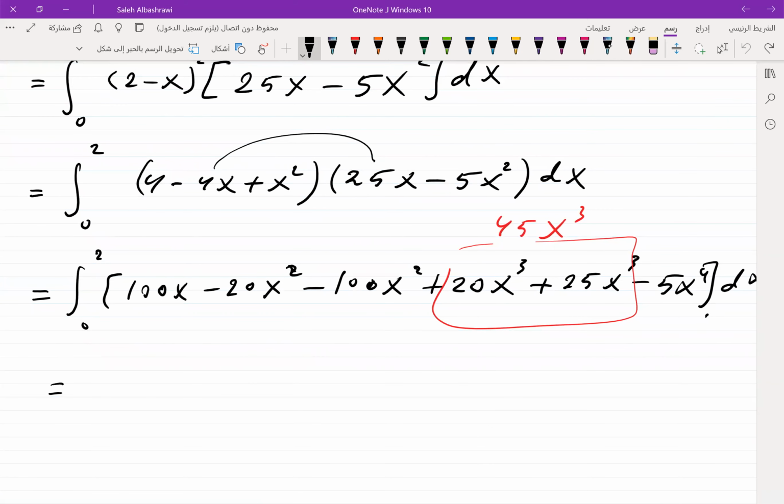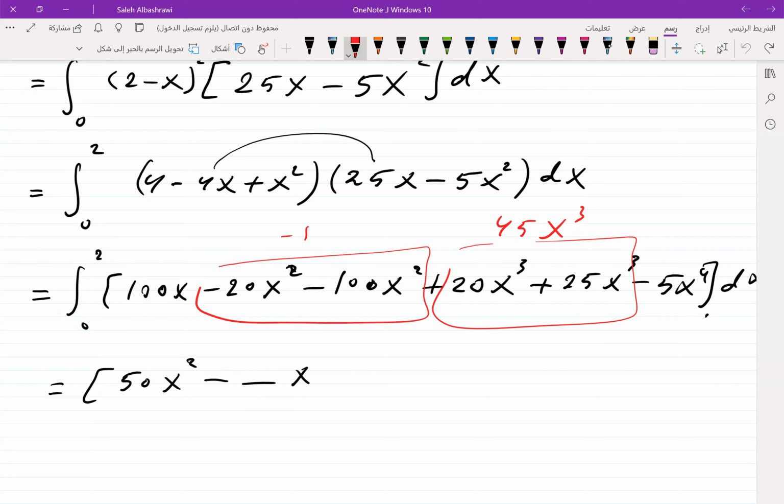We'll have 50x squared minus 20 over 3 x to the power 3. Also, these can be combined together, that will be minus 120x squared.